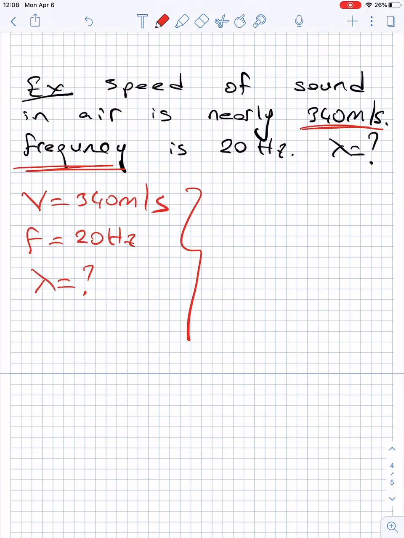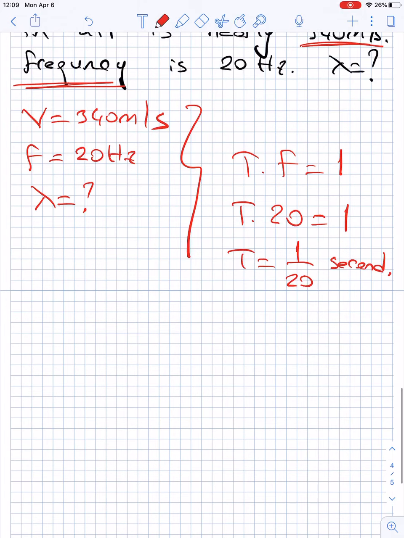Okay, let's continue. We know the relationship between the period and frequency: period multiplied by frequency is equal to 1. Period we don't know. Frequency is 20, so period is equal to 1 over 20. Unit is second. If we know the period, we can also find the wavelength.